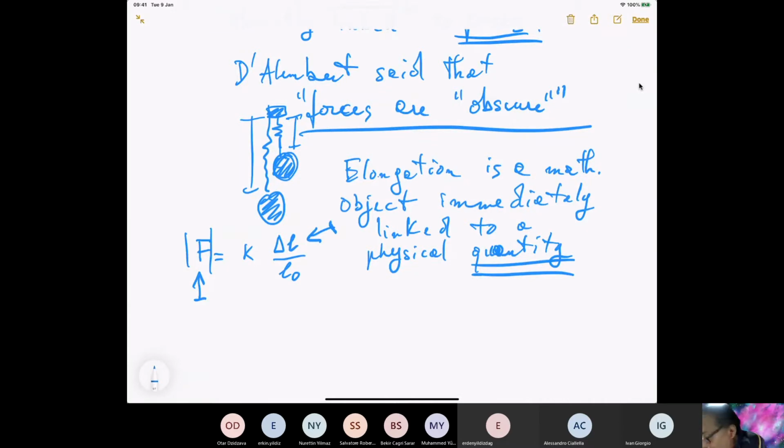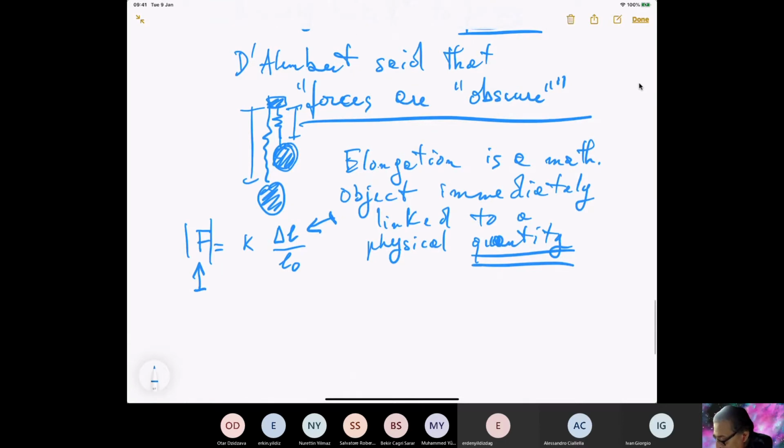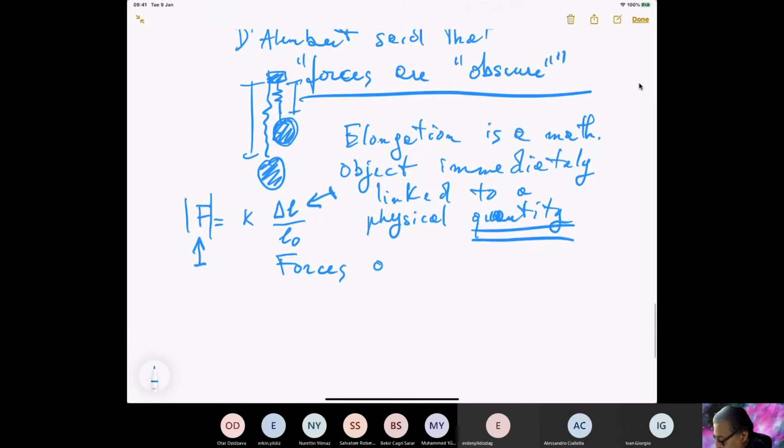Okay, so forces are mathematical objects playing a role in a mathematical theory.